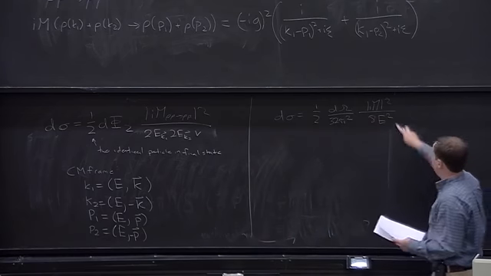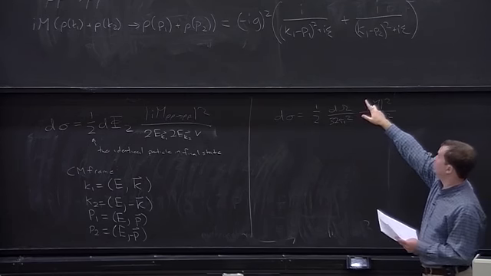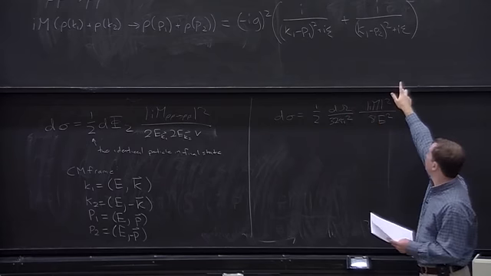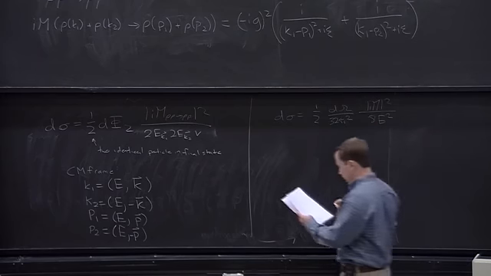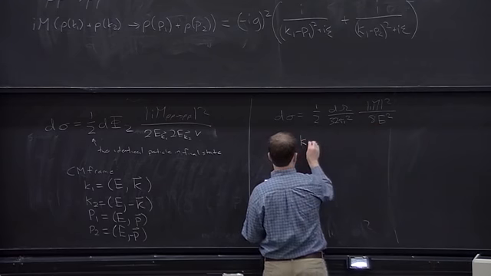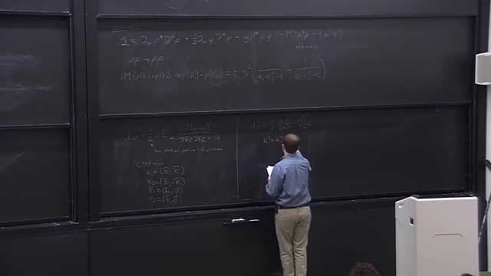And then in order to compute |M|², we need to compute the products of k1 with itself, p1 with itself, p2 with itself, and k1 with p2, k1 with p1. All of the 4-momenta squared are 0 because we're dealing with massless particles. So that's easy.